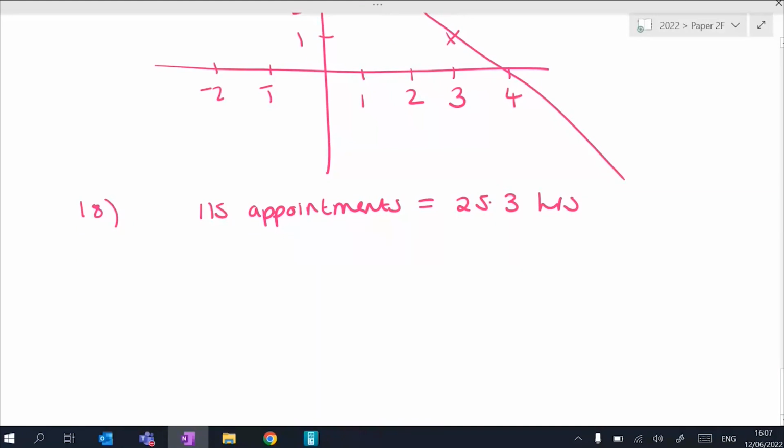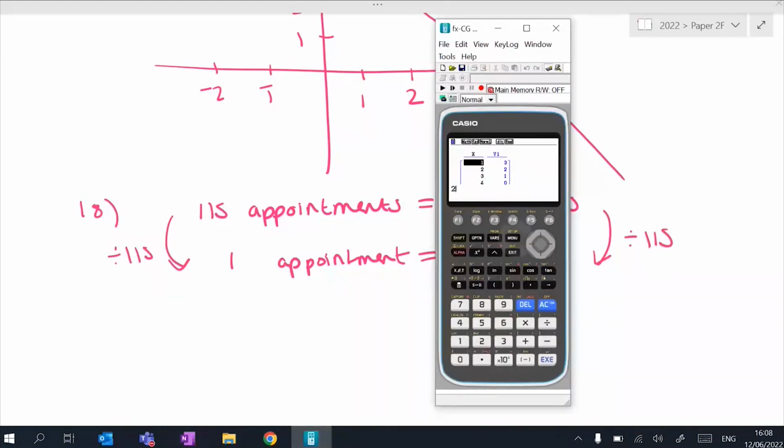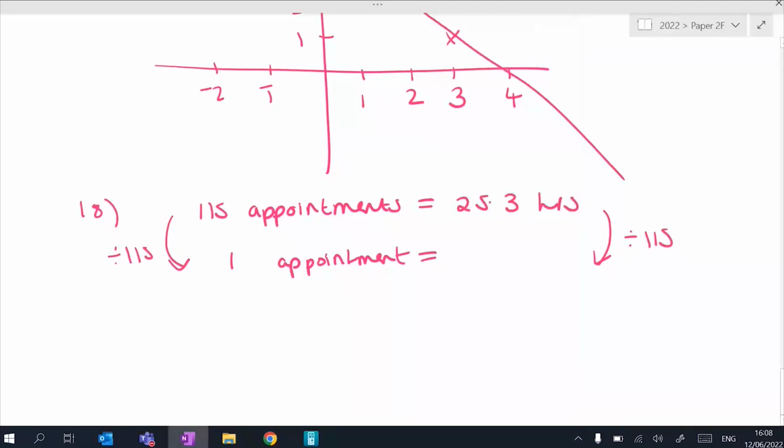Okay, so they want to know the length of time for each appointment. Okay, so we're going to divide by 115. So 25.3 divided by 115. So 0.22 hours.